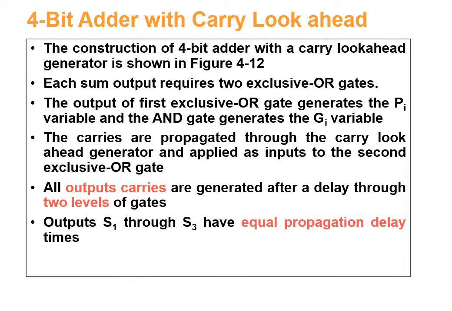The output of the first exclusive OR gate generates the Pi variable and the AND gate generates the Gi variable. The carries are propagated through the carry look-ahead generator and applied as inputs to the second exclusive OR gate. All output carries are generated after a delay through two levels of gates. Thus, outputs S0 through S3 have equal propagation delay times.